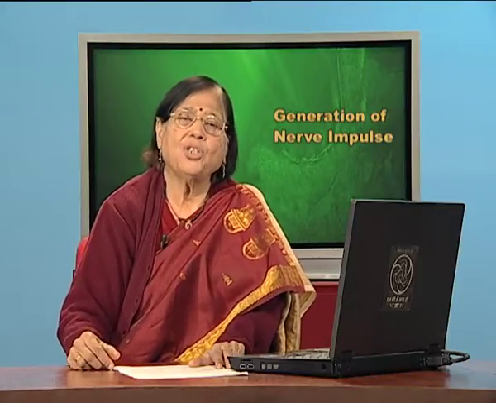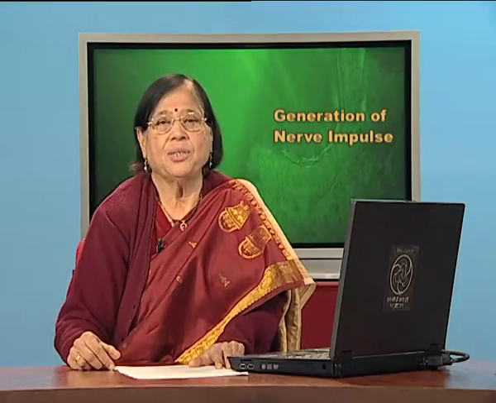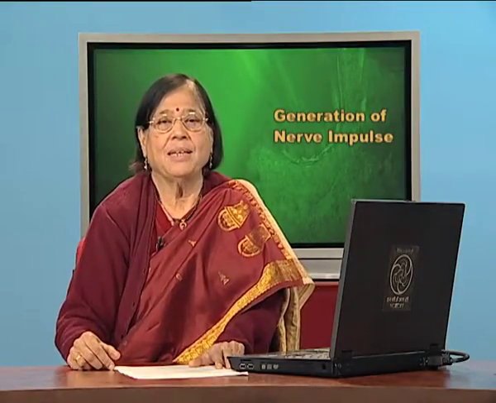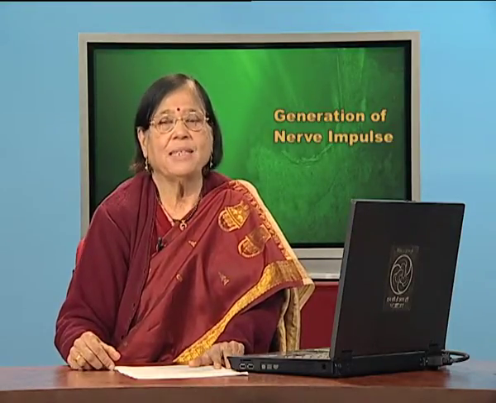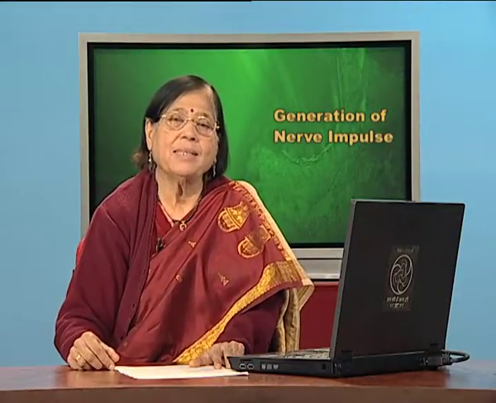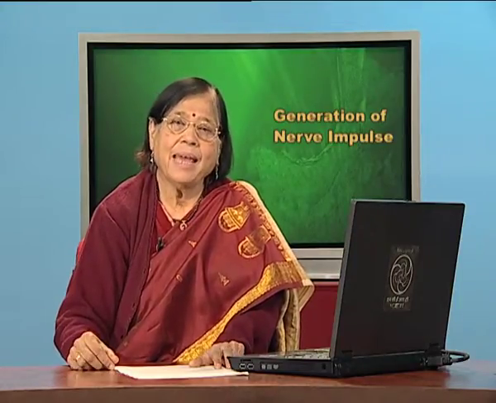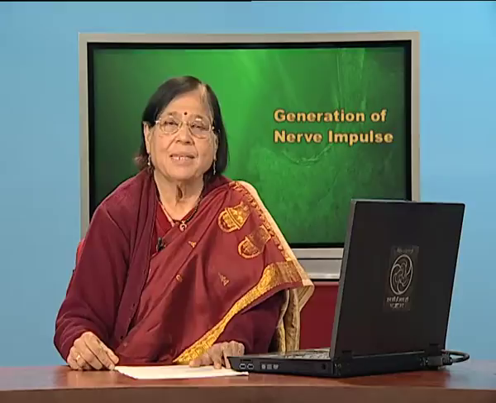This is a very natural phenomenon happening on the nerve membrane. In short, you can understand it like this: in a resting condition, the resting potential, it is in a polarized condition. When an impulse is passing through, it is depolarized and the action potential comes in.